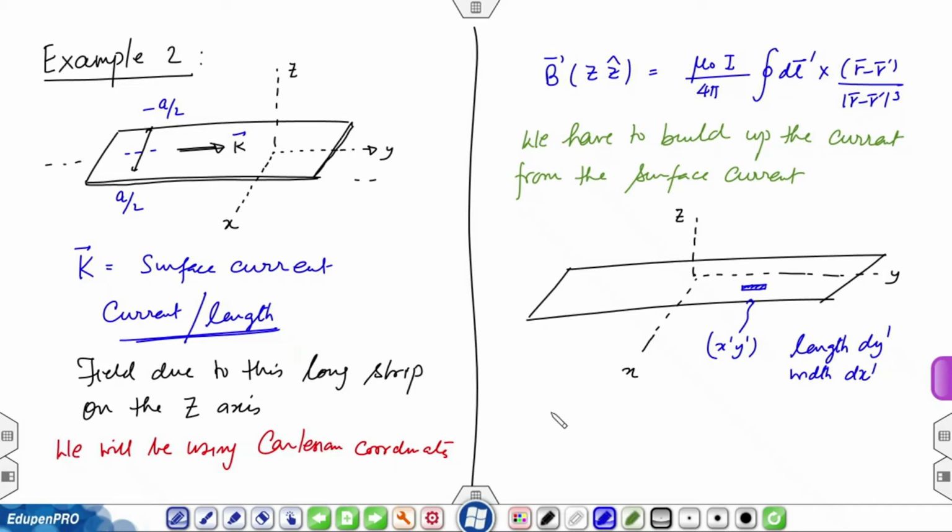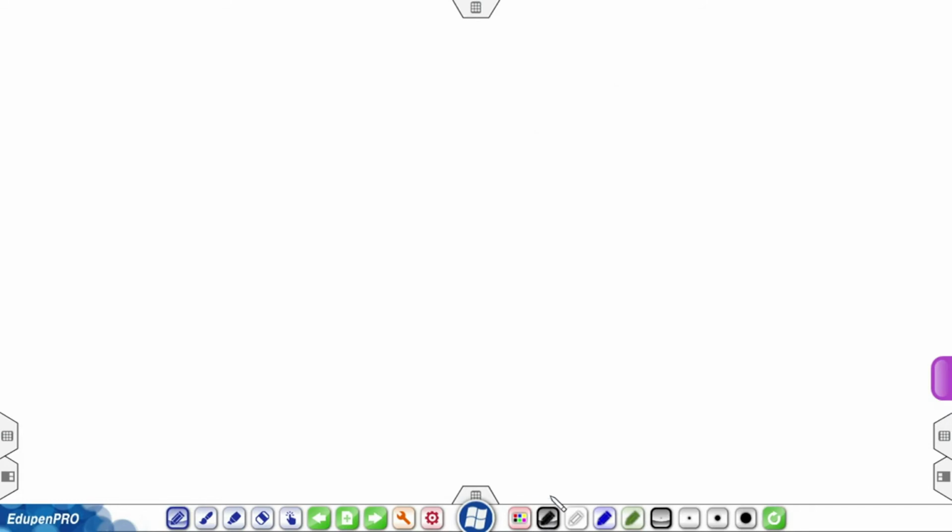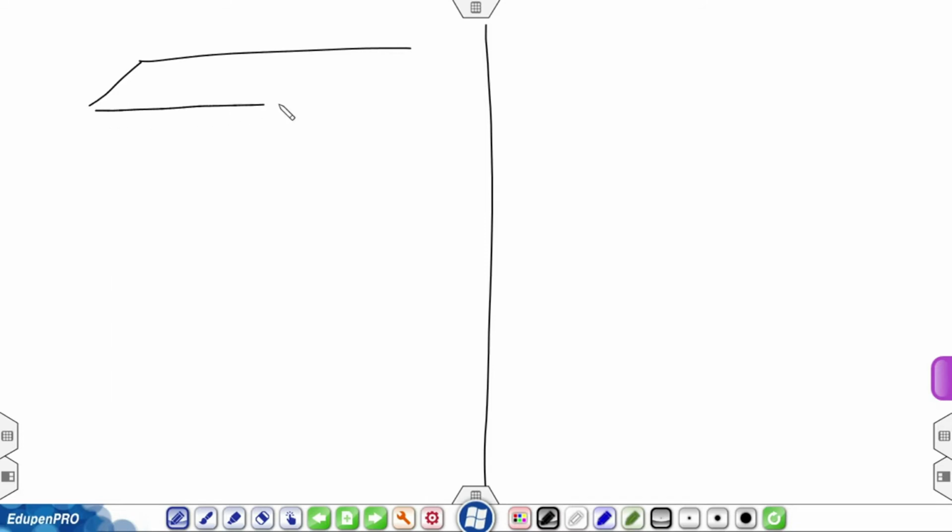Then I can write the current in this as K dx prime going in the y direction. This is the current, and therefore dl prime is equal to dy prime in the y direction. And therefore, I can write, let me just make the whole picture again, because we have come to the new slide.